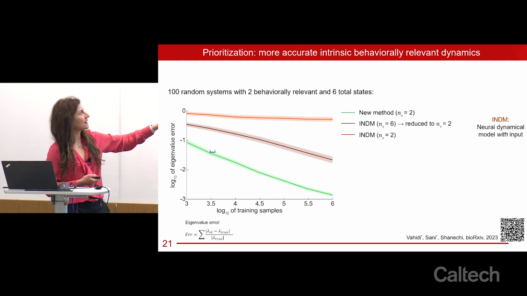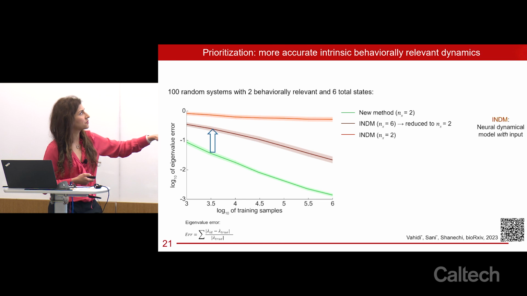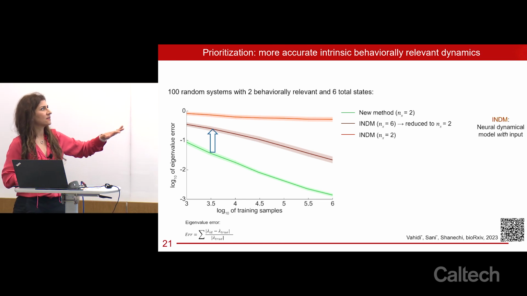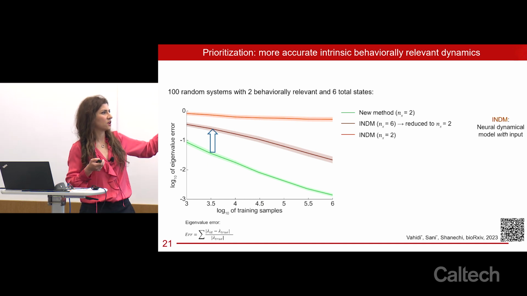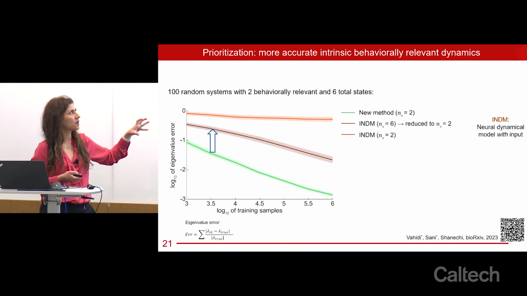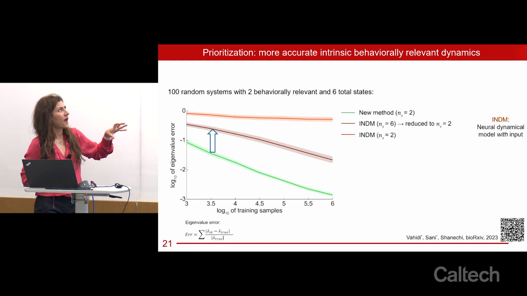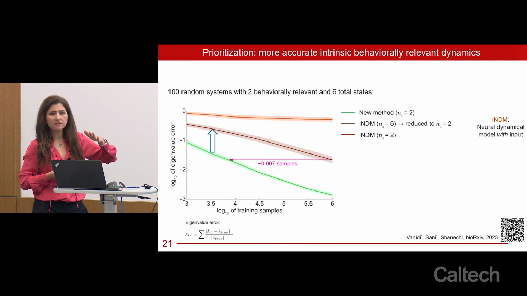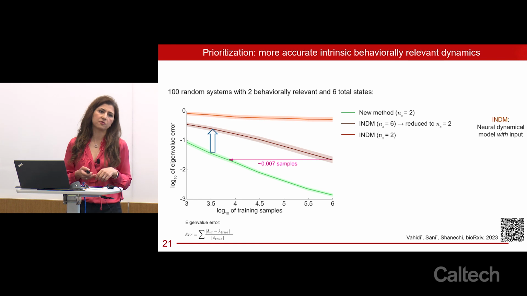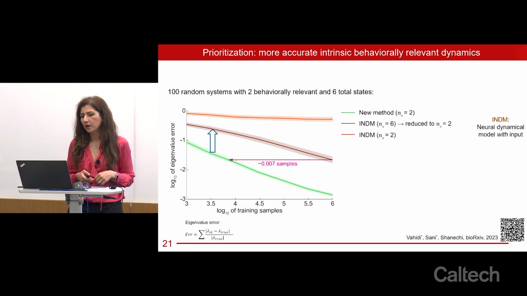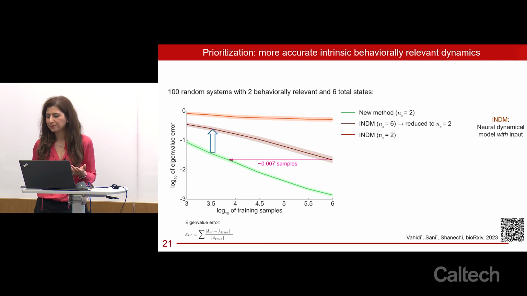So you can see that at every single training sample size, this new method that takes all of the behavior, neural activity, and input into account does better in identifying the behaviorally relevant subtype than INDM. And interestingly, to get the same error as INDM, it needs orders of magnitude fewer training samples. So you may ask me, okay, what is this?